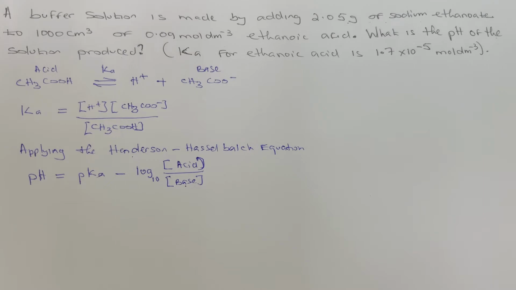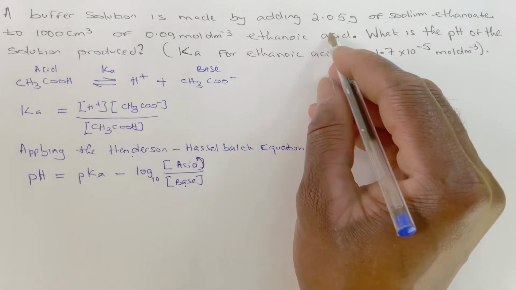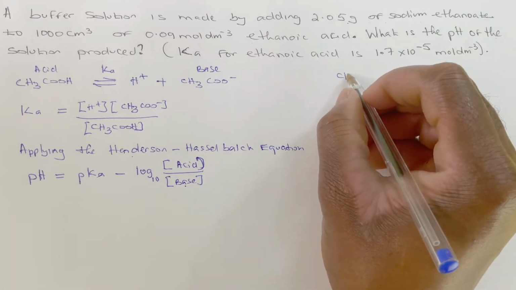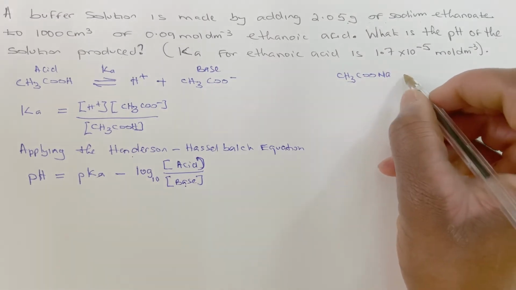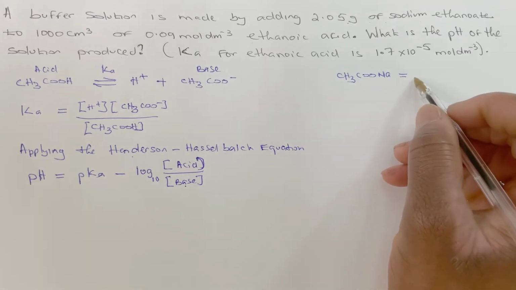To find the concentration of the base, I can say the base I have is sodium ethanoate, CH3COONa. So I need to find the relative molecular mass of this base.